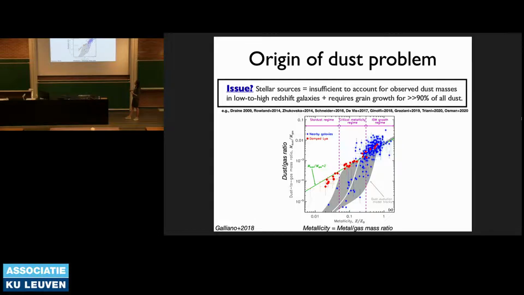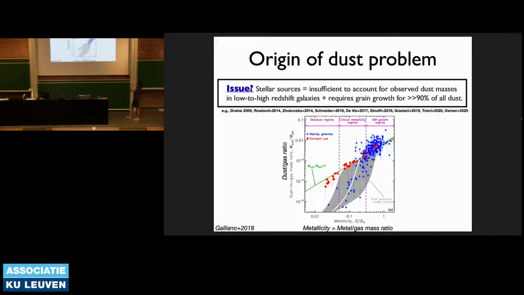However, what you can clearly see is that a lot of nearby galaxies actually fall below that linear relation, and they have a much lower dust to gas ratio at a given metallicity. This indicates that either dust formation is not very efficient at these low metallicities, or there must be a very efficient dust destruction mechanism here.